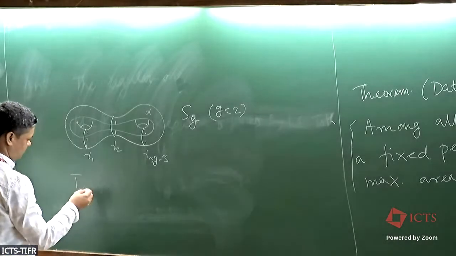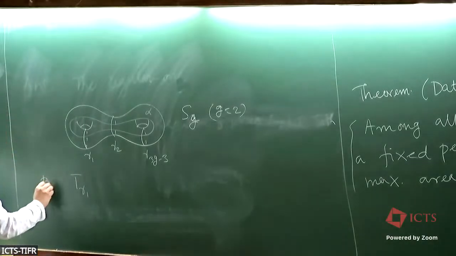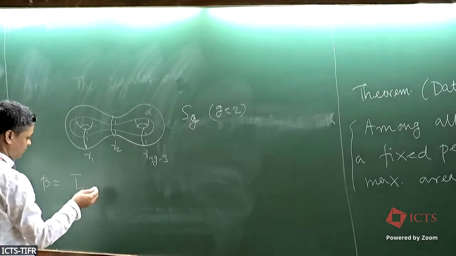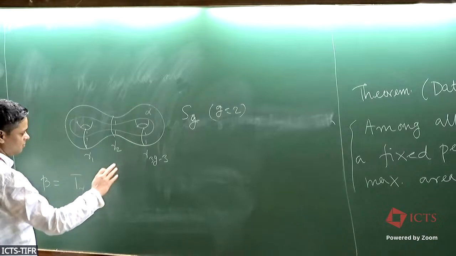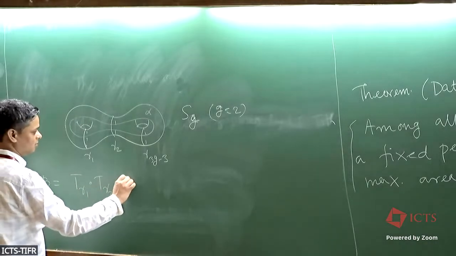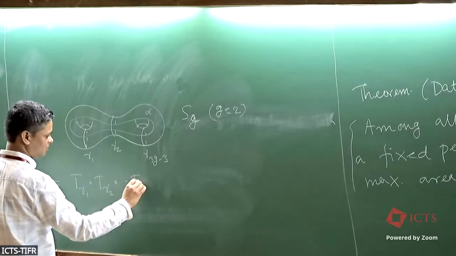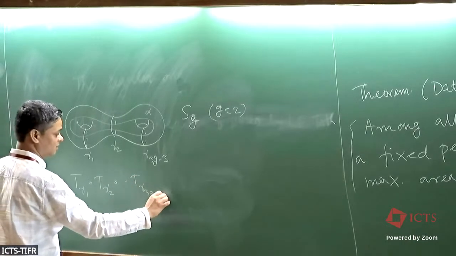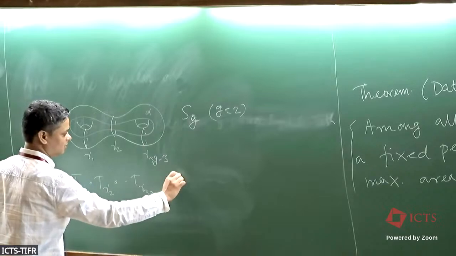Now consider beta equal to the product of Dehn twists along the pants curves, T_gamma_2 to T_gamma_{3g-3}, acting on alpha.